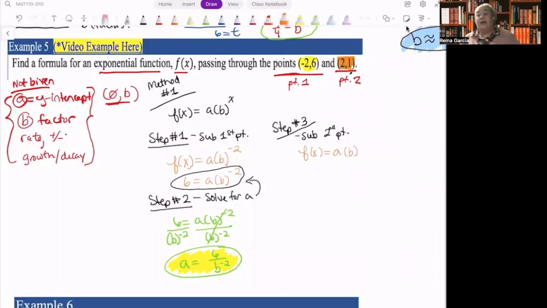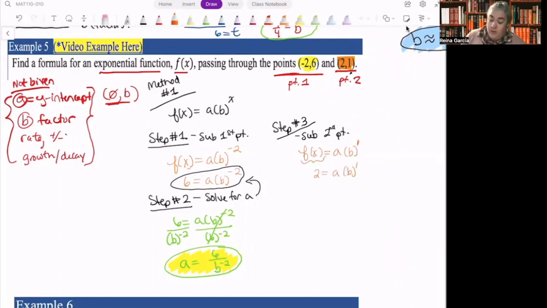Here's our second point. It tells us that our x is 1, so this is raised to the power of 1. And it also tells us that our f of x, or our output, is equal to 2. So we're going to write this as 2 equals a times b to the 1.